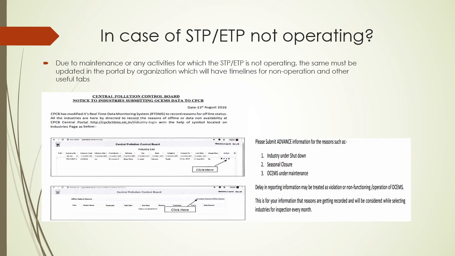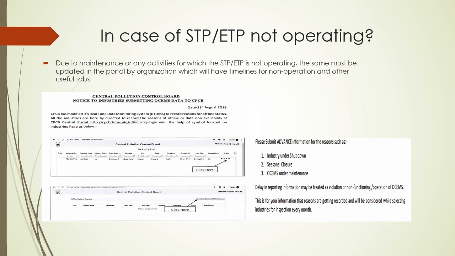Now in our case, we had an issue. There is some maintenance activity that needs to happen at one of our sites, where we need to work on the STP. In that case, we knew that a deviation might happen. As I said earlier, there's a process wherein you get your credentials.